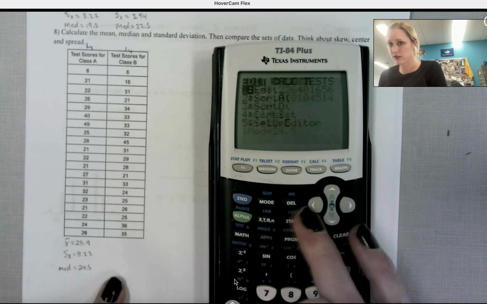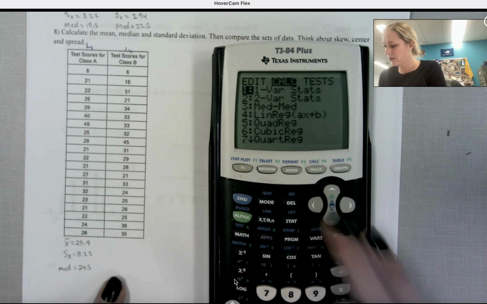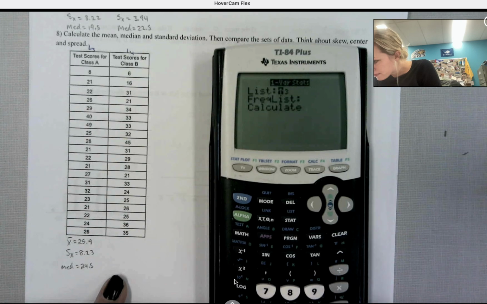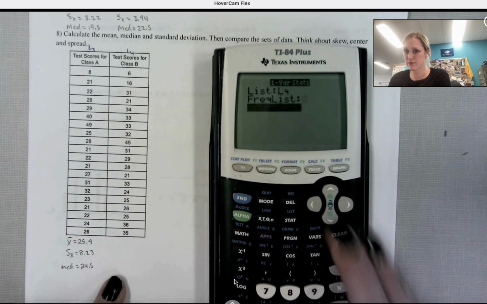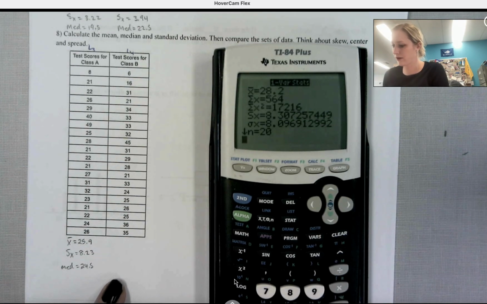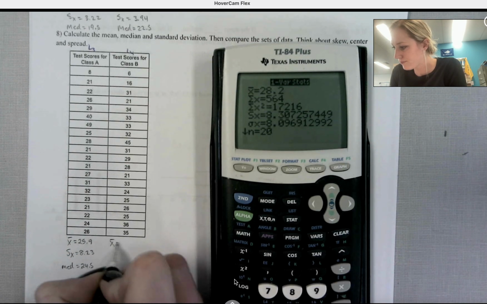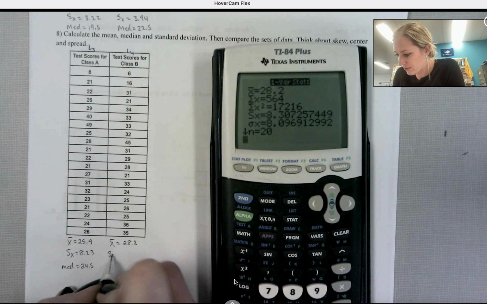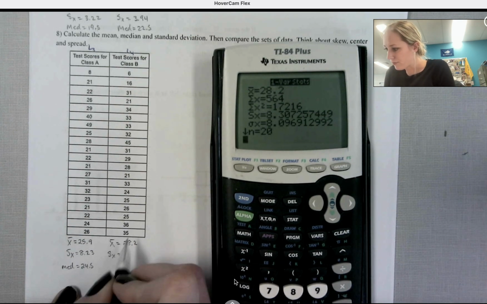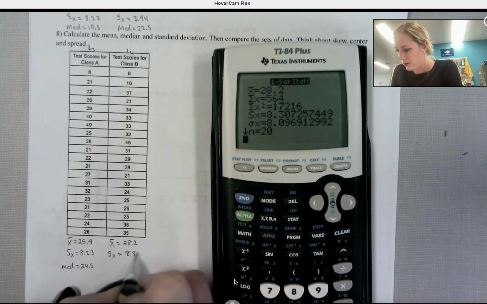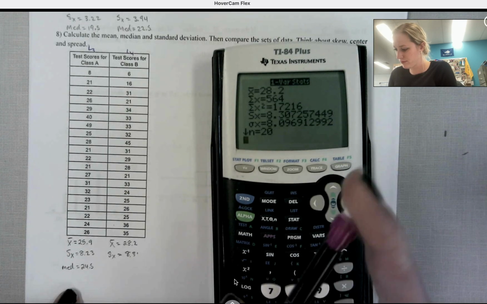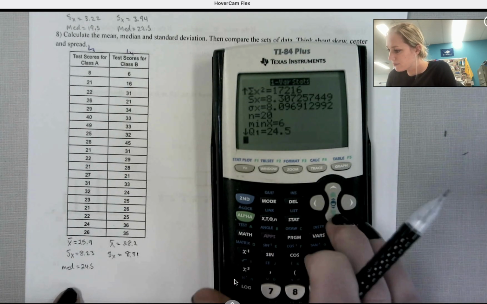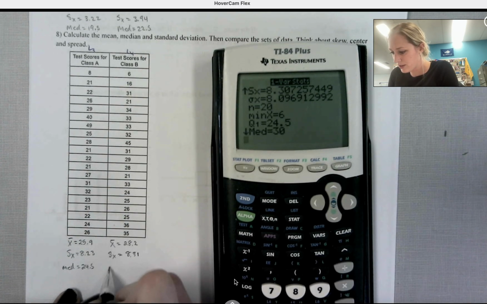So back to stat, calc, enter, change this to list 4. All right, mean 28.2, standard deviation 8.31. And our median is 30.